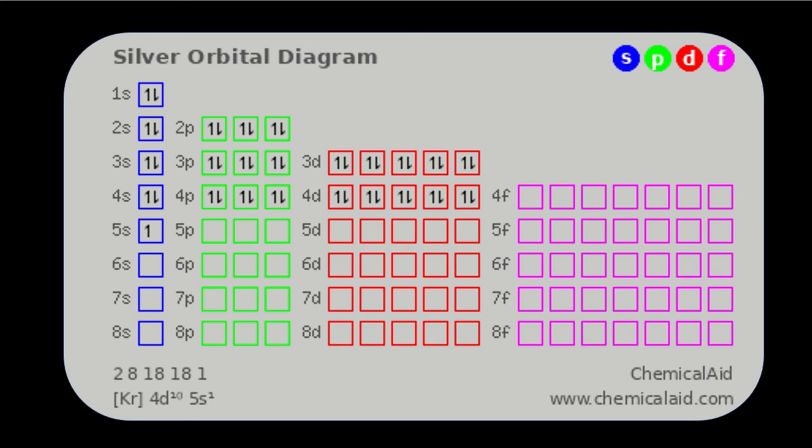The particular usefulness of silver: like all neutral atoms, it has an equal number of protons and electrons. Therefore, there's no net charge on these silver atoms. However, unlike every subshell that appears before, silver atoms do have one unpaired electron in the highest orbital.